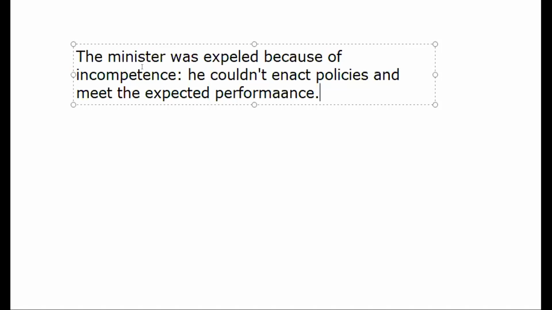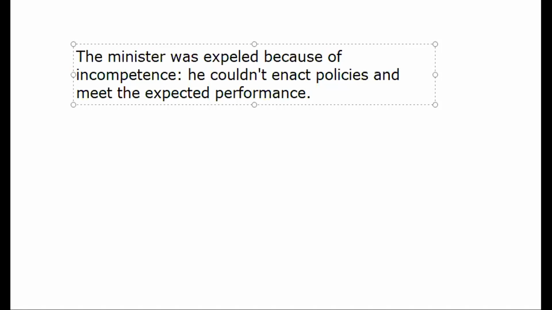You understand? So we want to explain more on the incompetence. The prime minister was expelled because of incompetence. He couldn't enact policies and meet the expected performance. So that's our sentence there.